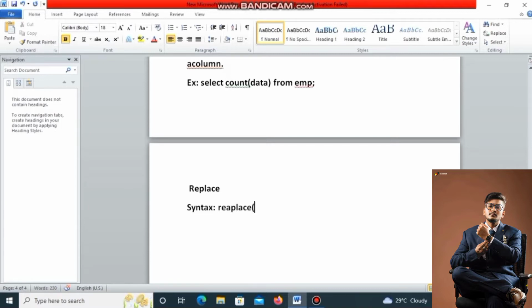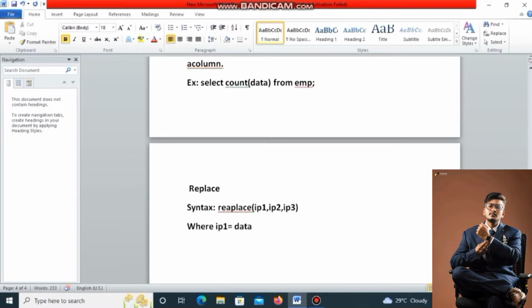input 1, comma input 2, comma input 3, okay? Here input 1 is the data which you have given.